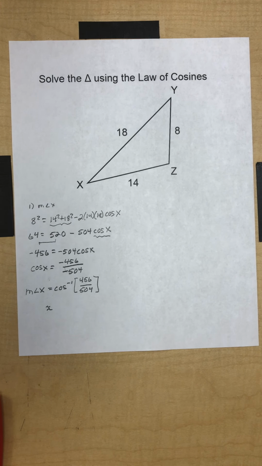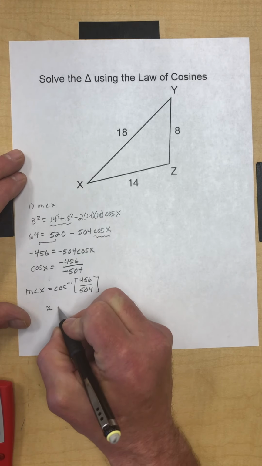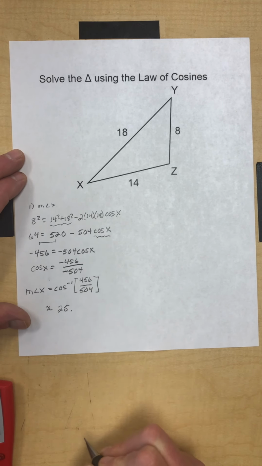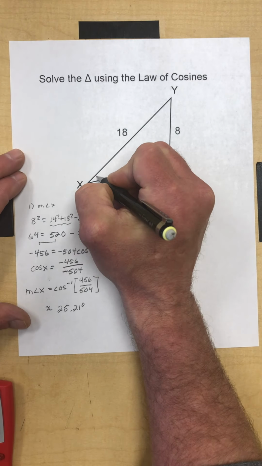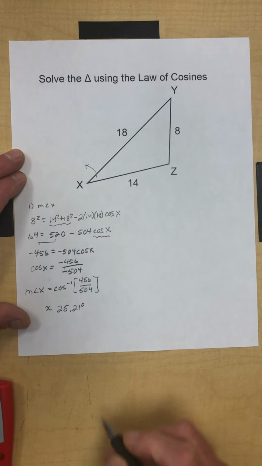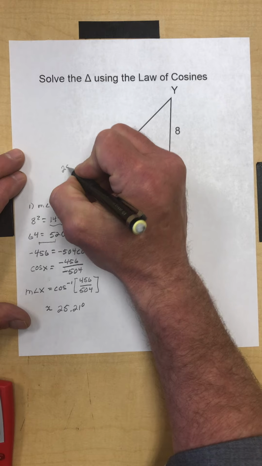Let's see what we get. Second cosine inverse, 456 divided by 504, and I am getting 25.21 degrees. So this guy right here, 25.21 degrees.